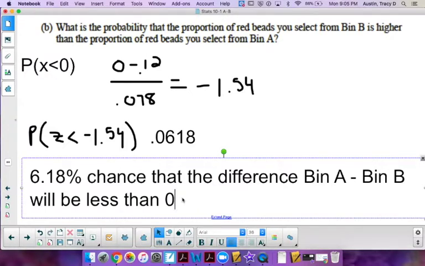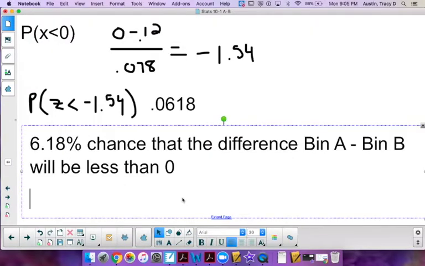Or you could say that there is a 6.18% chance that bin B has a higher proportion than bin A, which would be another way to answer the same question.